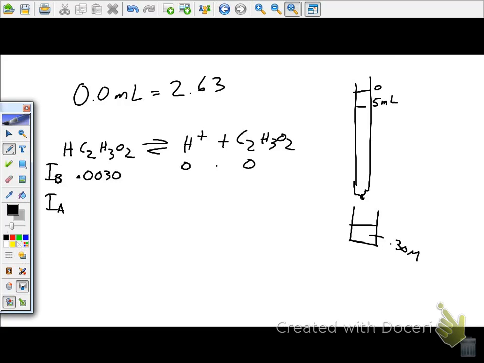So what we're going to do is, how many moles did we add of OH, or NaOH? So how much did we add of NaOH? 0.005 liters times 0.15 molarity. How much is that?